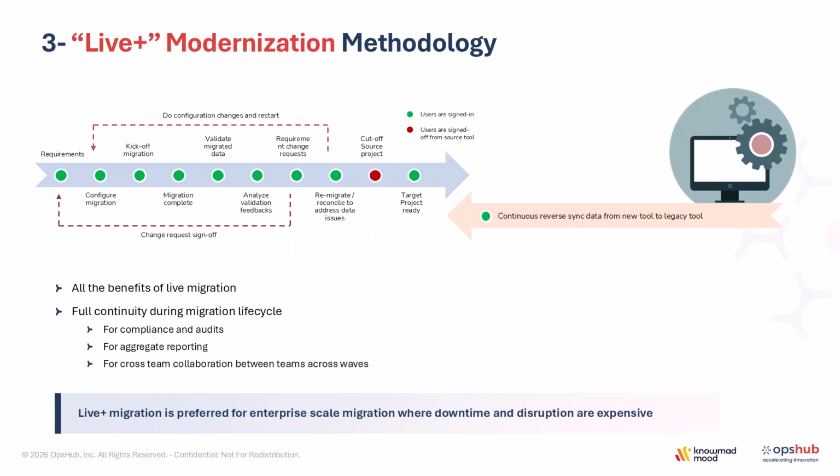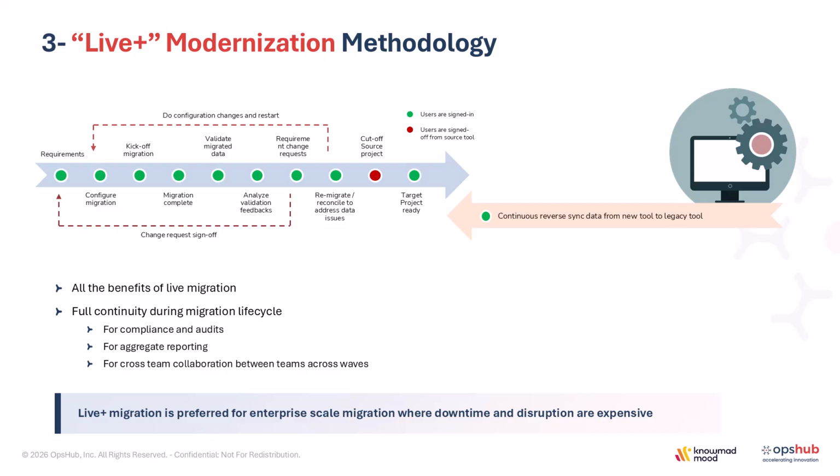Now, in case of live migration, we are primarily moving data from source to target so that there is continuity of data, there's no downtime. But often there may be cross-team collaboration which is needed. For example, there may be traceability between different work items, or one team needs visibility into what other team is doing, or they may need to collaborate on a particular feature which is decomposed into multiple teams' user stories.